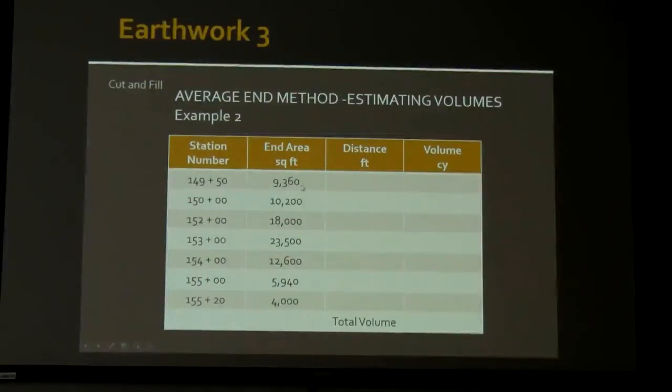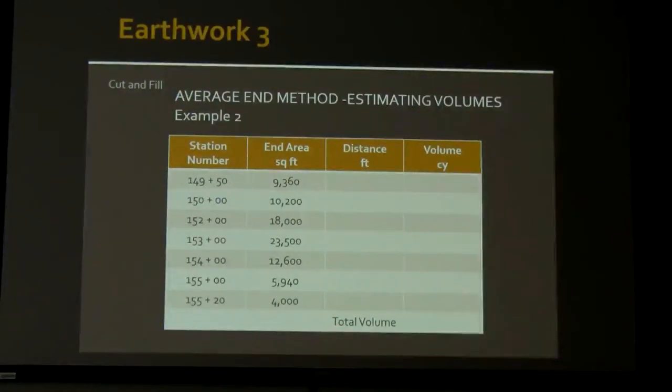For our first volume calculation, our area is going to be the average between 9,360 and 10,200. For the next section, it's the average of 10,200 and 18,000. Then the average of 18,000 and 23,500.